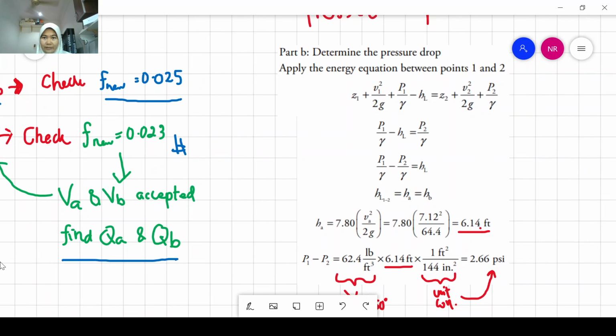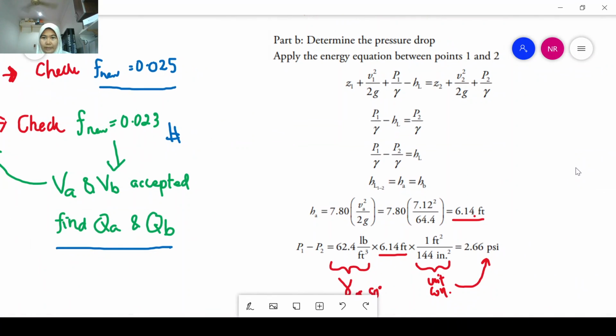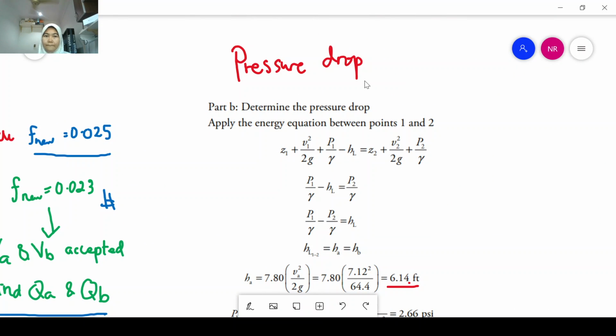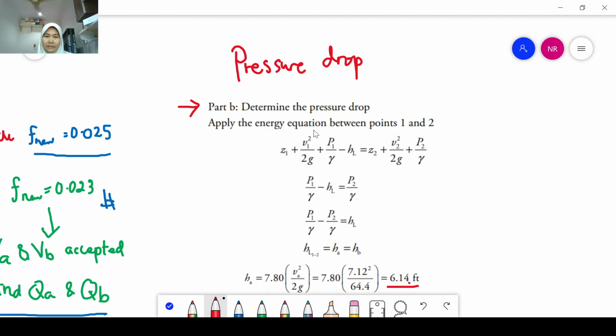Okay, so next is the final step, part B, which is to find the pressure drop. How do we determine the pressure drop? Of course, simple as before, we just apply the energy equation between point 1 and point 2.